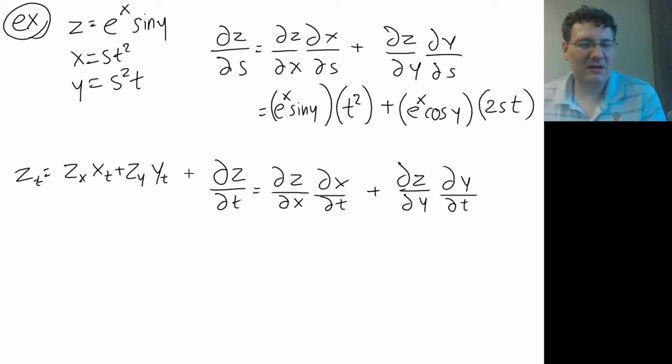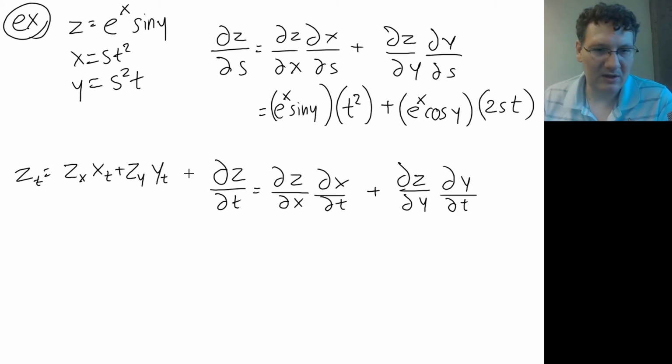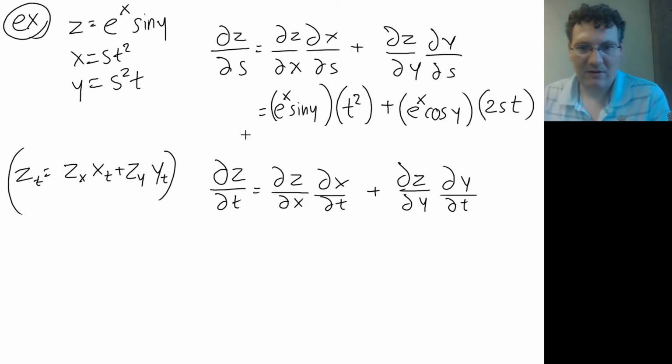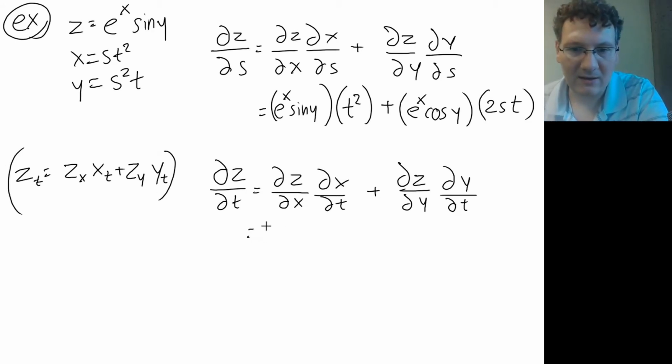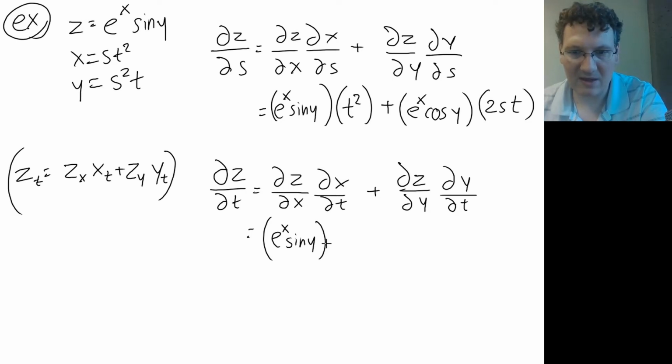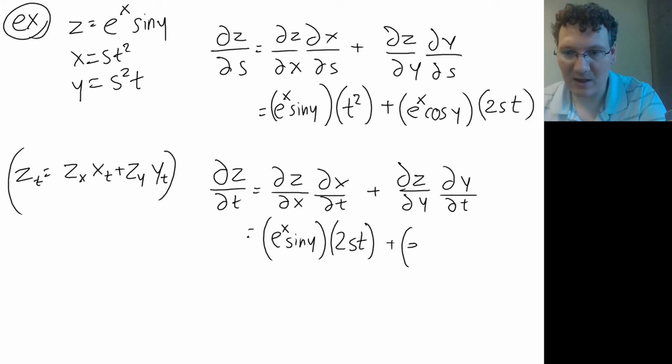This would be the shorthand that you could use with partial derivative notation, if you like that sort of thing. Anyway, the partial of z with respect to x is the same as the line just above, so I can just copy that over. Now the derivative of x with respect to t is going to be 2st.